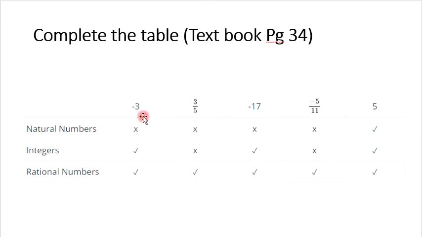So minus 3 is not a natural number, however it is an integer, it is also a rational number. 3 upon 5 is not a natural number, it is not an integer, however it is a rational number. Similarly, minus 17 is not a natural number, it is an integer as also a rational number, and so on.